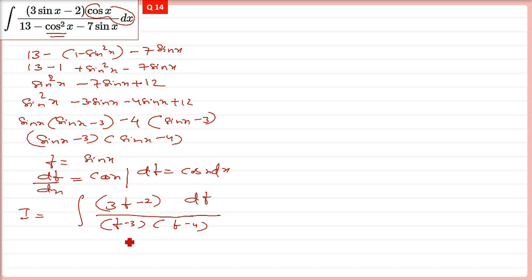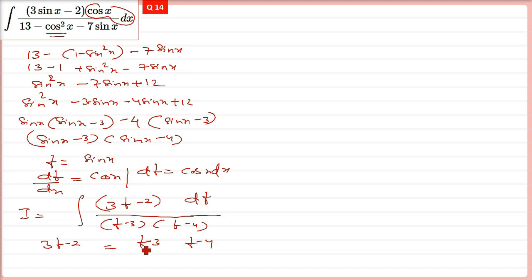Now how to represent this 3t minus 2 in terms of t minus 3 and t minus 4? I'm just trying to show you what certain students will try, and where the problem will arise. 3t minus 2 has to be represented in terms of t minus 3 and t minus 4. Either you have to add or subtract certain numbers in order to match it with 3t minus 2.